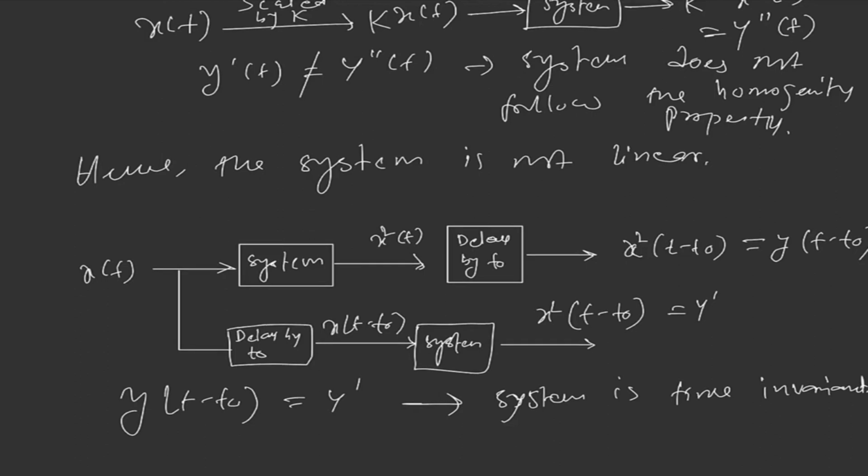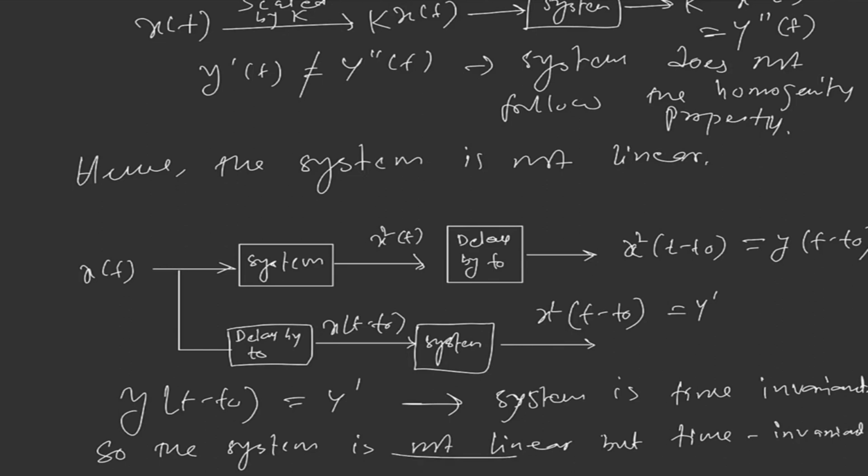So I can't say it is LTI; the system is not linear, but time invariant. So this is how we can check whether the system is LTI or not, whether the system is time invariant or not, whether the system is linear or not.